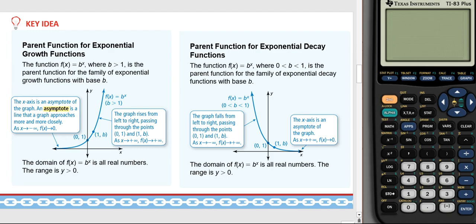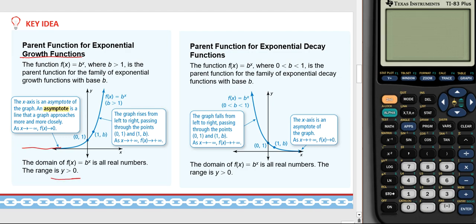Here are the parent functions for exponential growth. We have our exponential growth function on the left. The function f of x equals b to the x power, where b is greater than 1, is the parent function for the family of exponential growth functions. It has an asymptote here, so my y values, my outputs, will approach a value, in this case 0, but never actually touch.